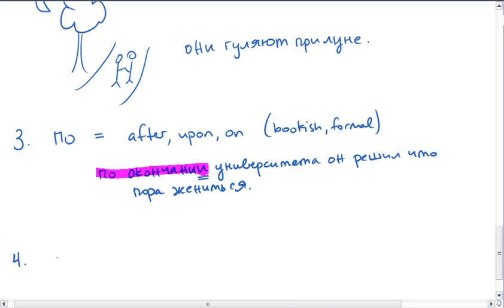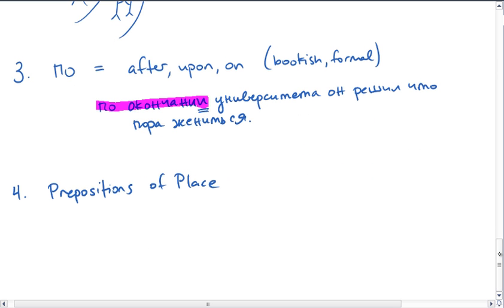Okay, so then we have our prepositions of place that require the prepositional case. In these, we've got в and на, which should be pretty familiar to us by now. So, talking about где, right? Where is something located? Another name for the prepositional case is the locative case, so location.